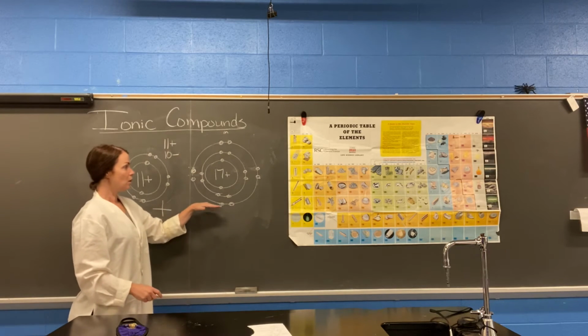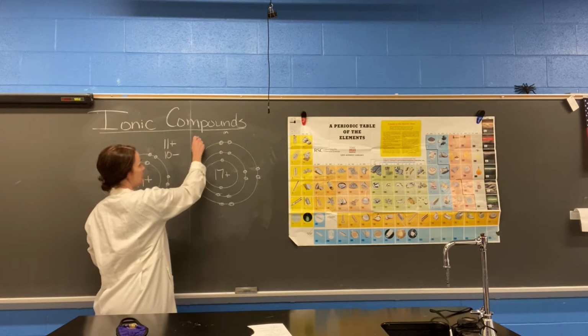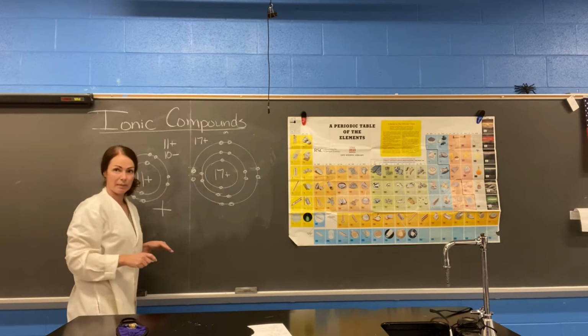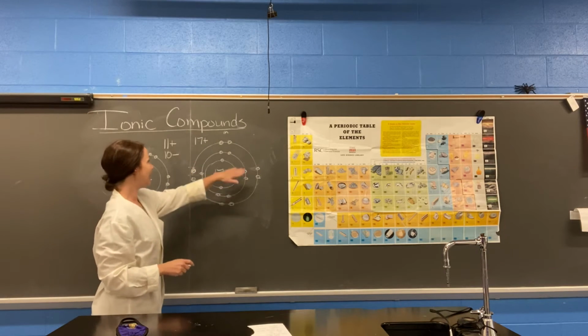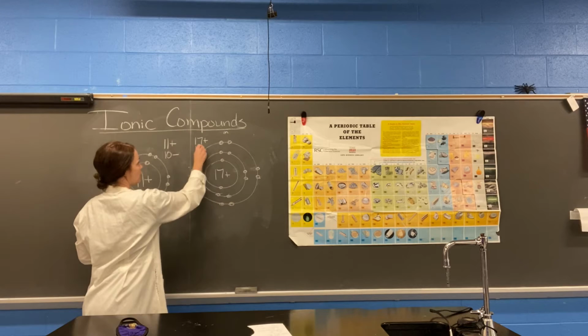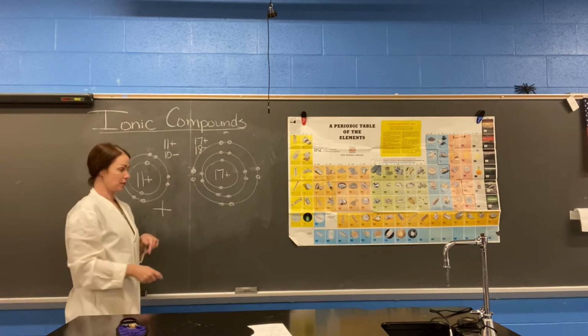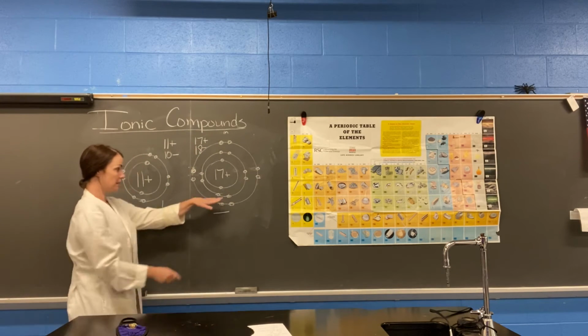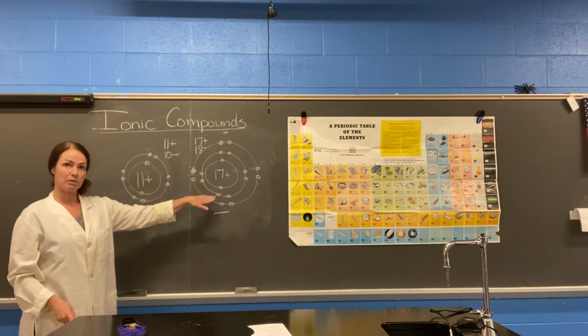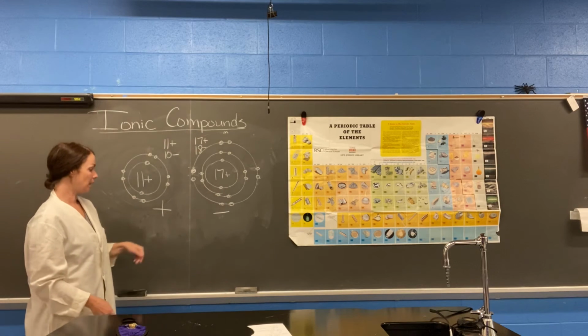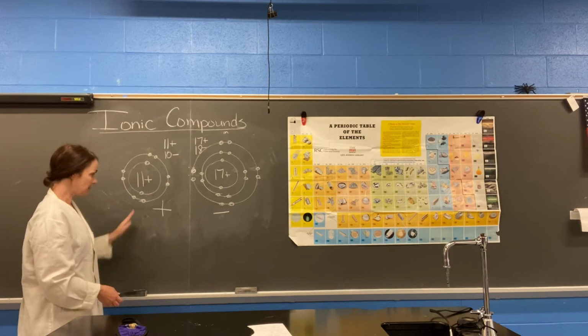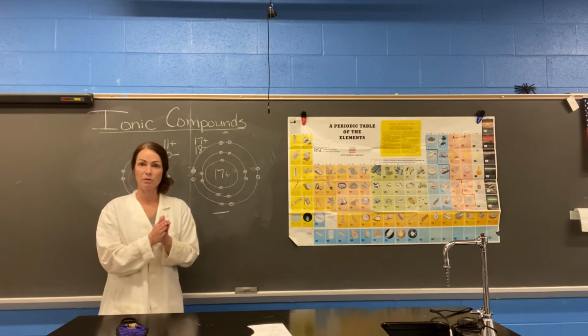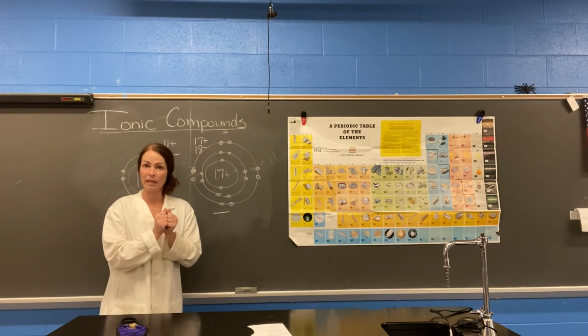That's what makes it an ion. Over here, we now have 17 protons, just like we did in the beginning, but we now have 18 electrons, or 18 negative charges. That means that now this is negatively charged, making it not an atom, but an ion. If you have a positive and a negative charge close to each other, they attract and they will stick together.